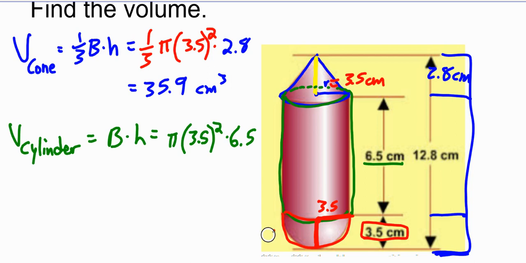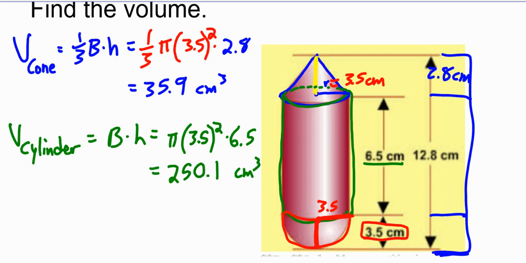So then that volume, pi times 3.5 squared times 6.5, is 250.1 cubic centimeters.